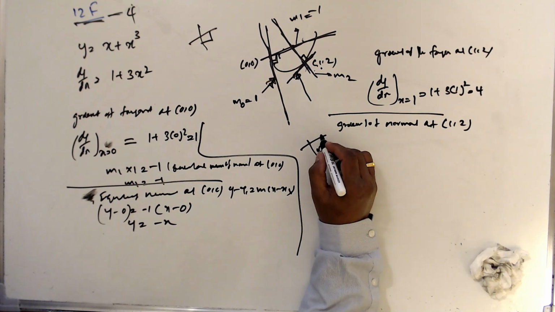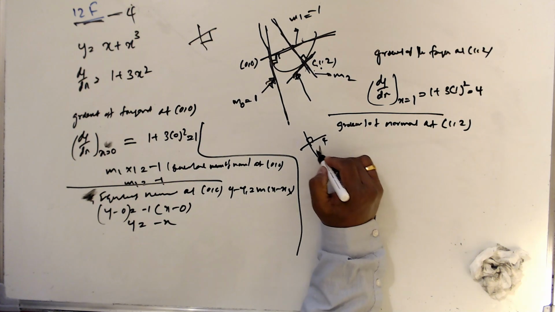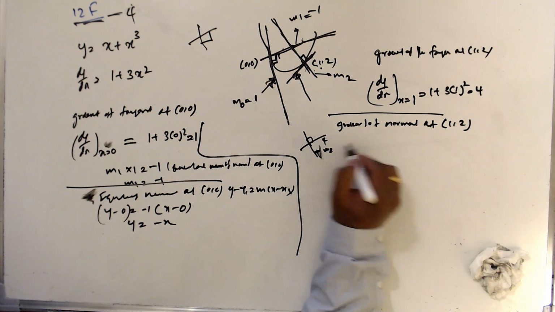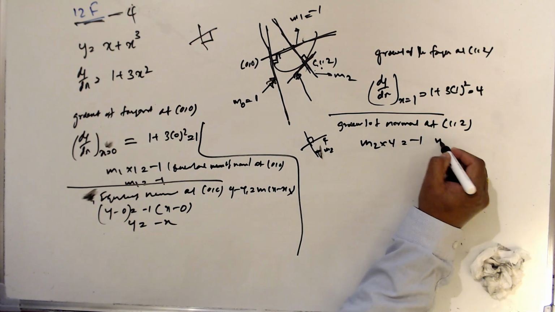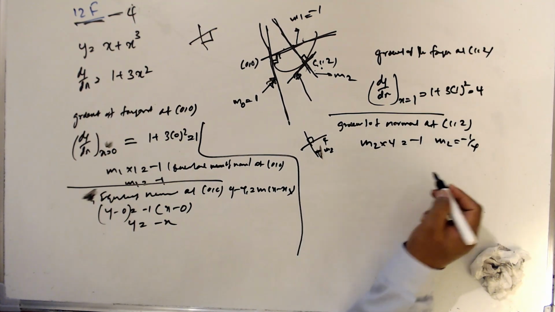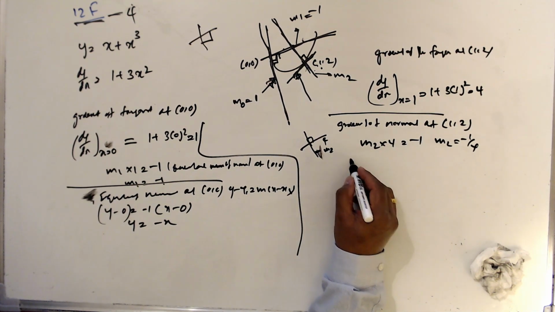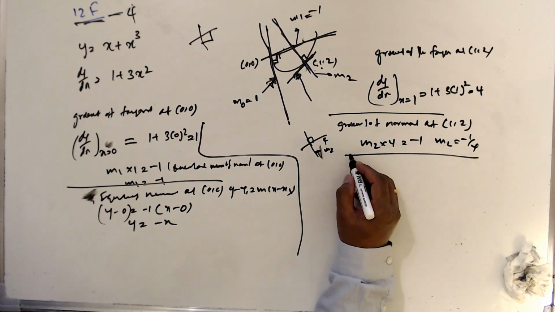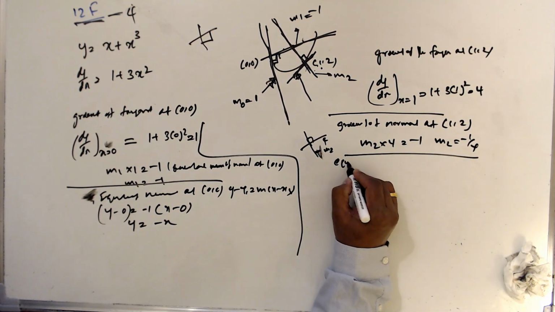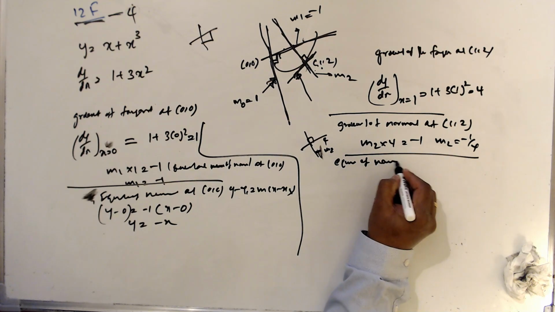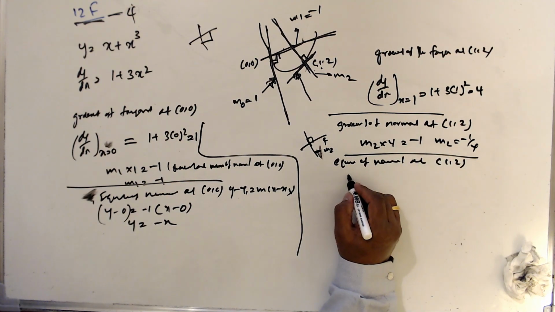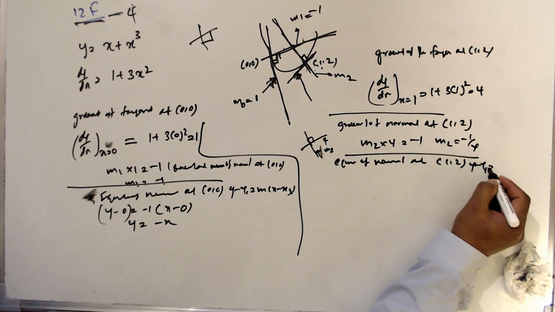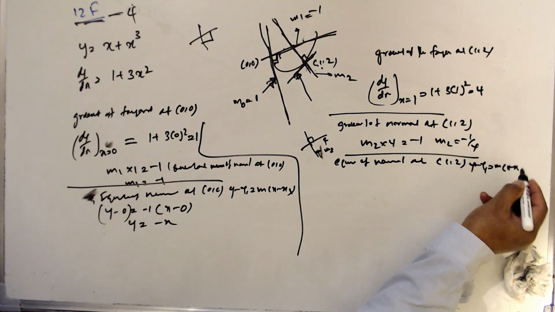We need the perpendicular gradient m2. So m2 times 4 equal minus 1. M2 equal minus 1 over 4. Now y minus y1. Now equation of normal at 1, 2. Y minus y1 equal m times x minus x1.